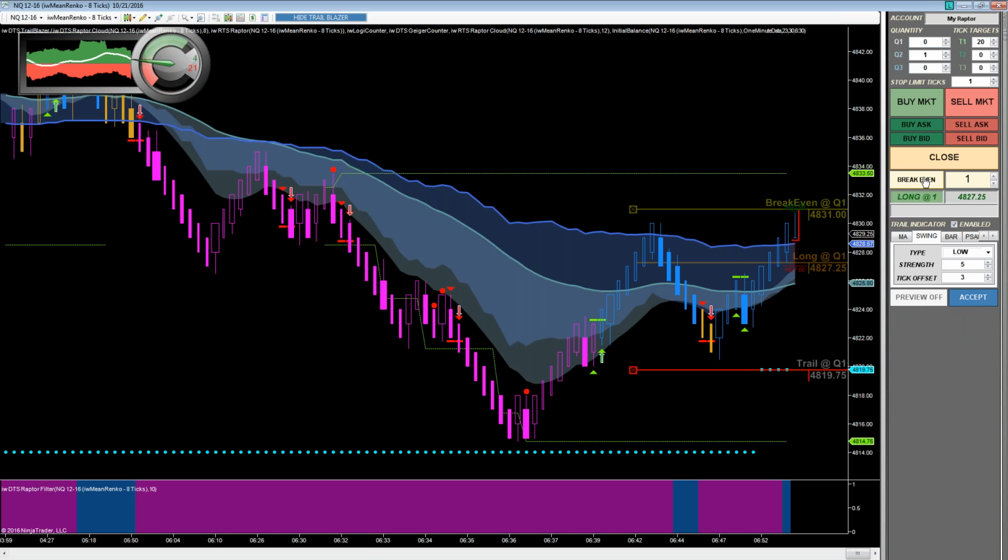Alright, I'm going to force this trade to break even. It's just a tick too short of my break even target. I was looking for more follow through on the break of 48.30. Come on, buyers, get in there.